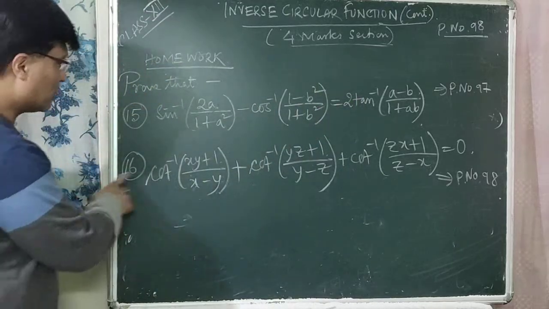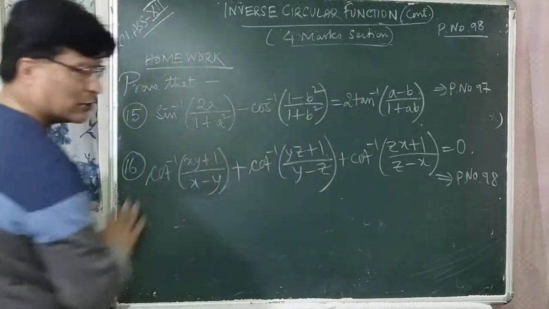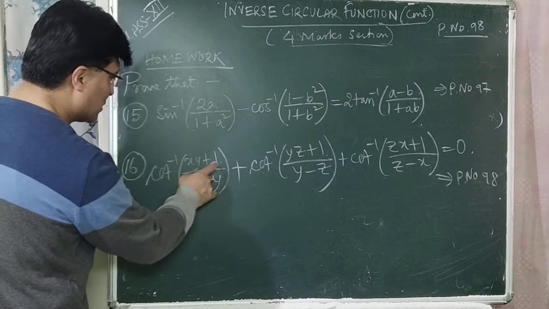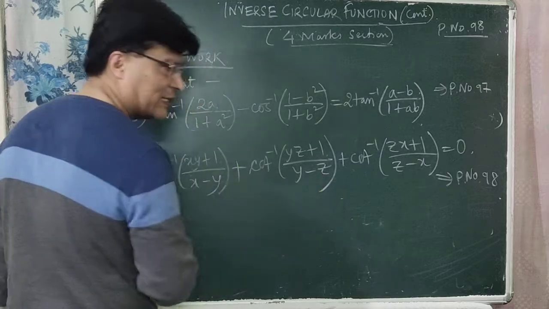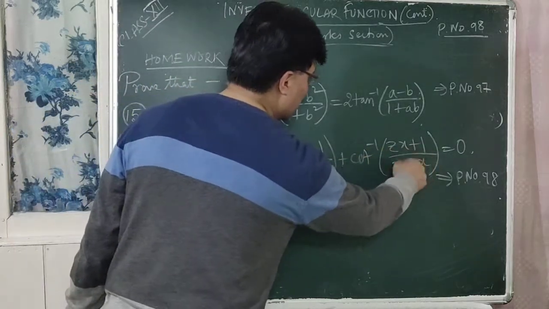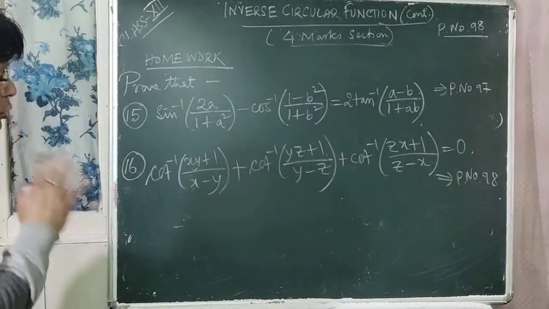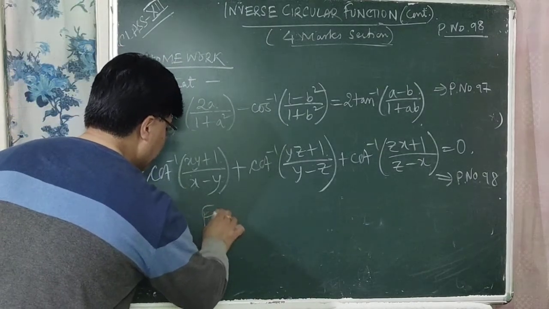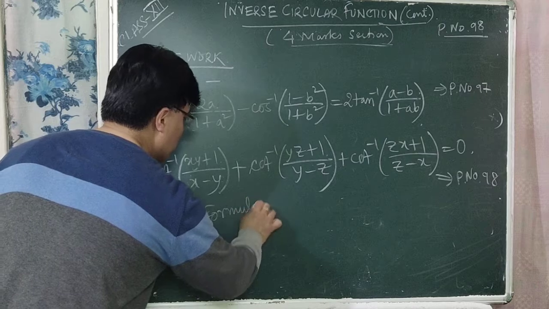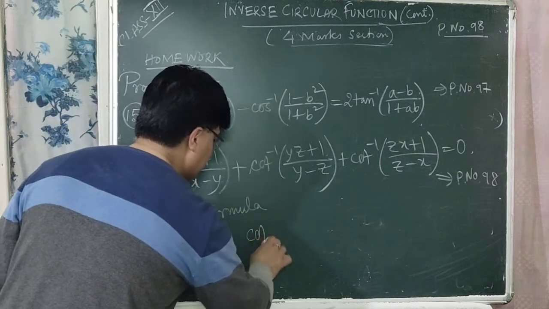Okay? And now number 16, you have to prove this left hand side is equal to 0. That is cot inverse of xy plus 1 upon x minus y plus cot inverse of yz plus 1 divided by y minus z plus cot inverse of zx plus 1 divided by z minus x. So you can use a formula on the left hand side. What is the formula to be used here?